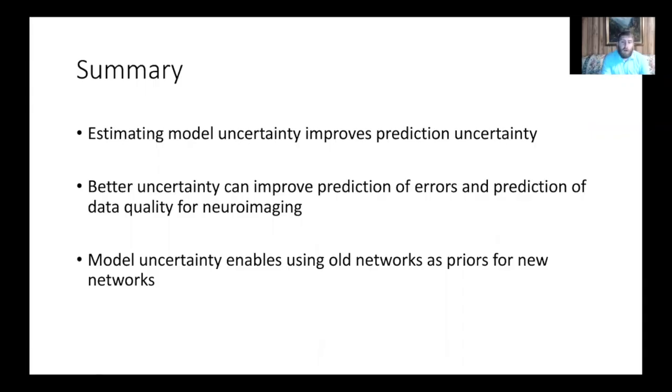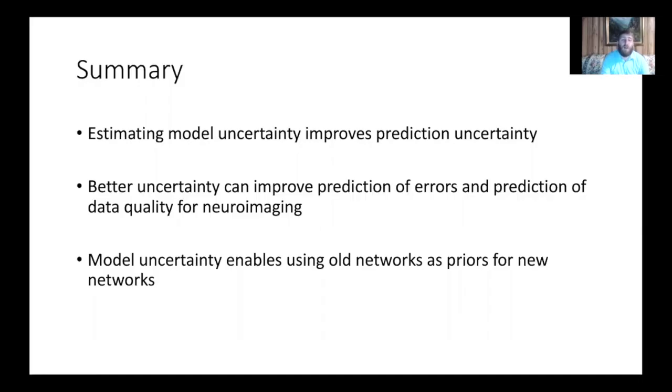In summary, we looked at how using Bayesian deep neural networks, particularly using them to add model uncertainty into the overall uncertainty of our models, can improve prediction uncertainty.